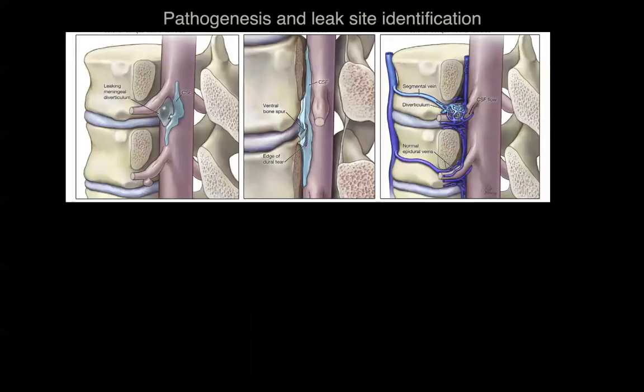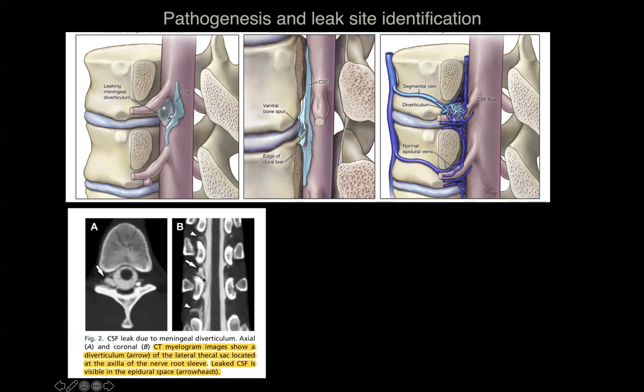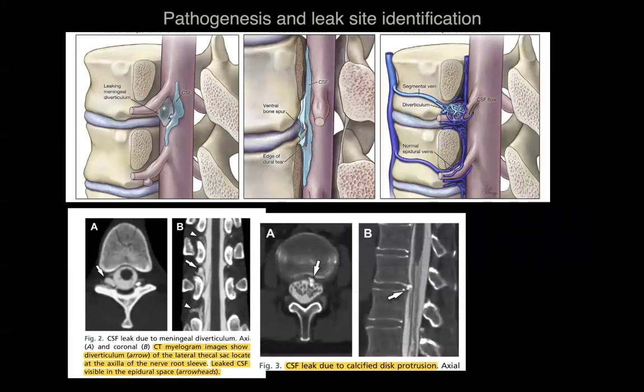Now, what is the pathogenesis of the leak, and leak site identification? It can be a diverticulum, like in this case, this is a myelography from the literature. You can see here the leak identified on dynamic CT myelograms. You can also have a ventral bone spur from a calcified disc protrusion impinging the dura, second cause.